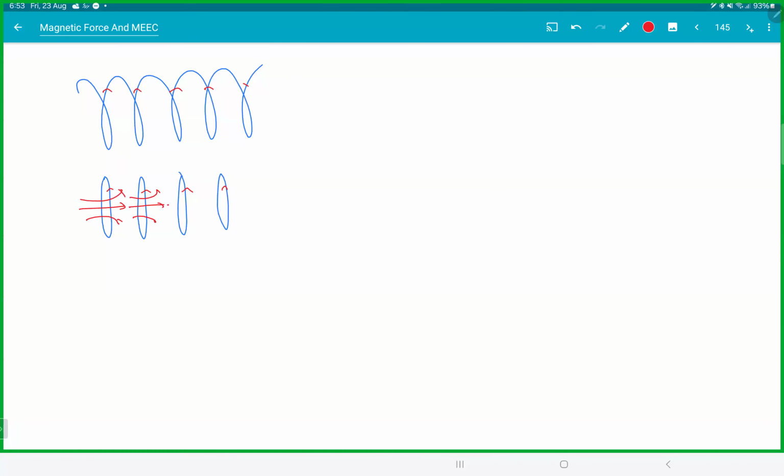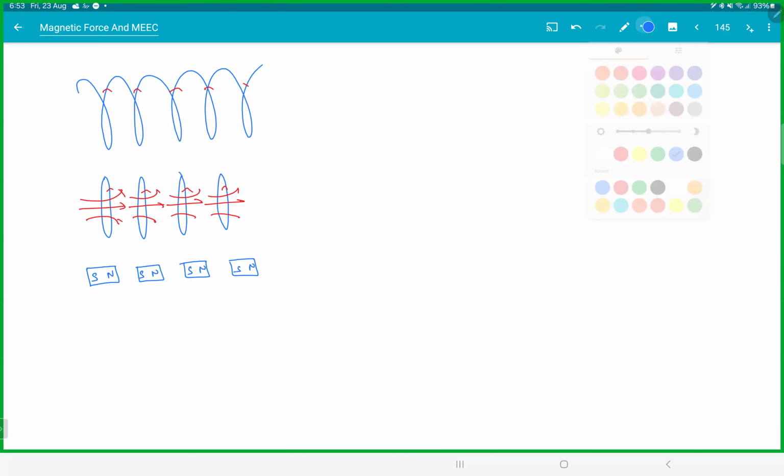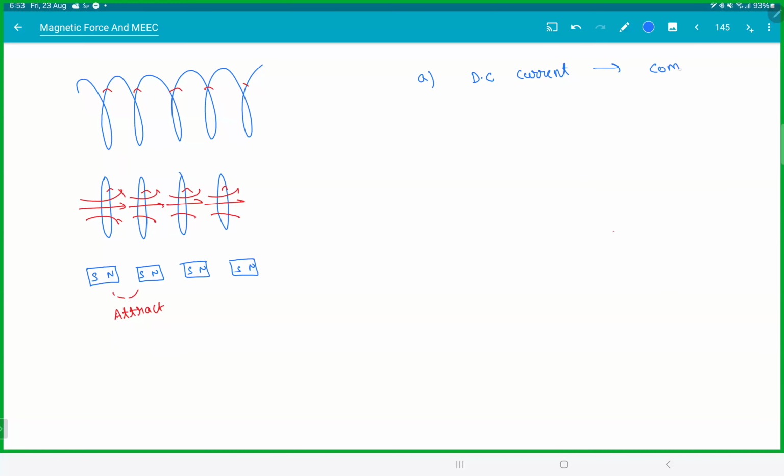Each one will act like a magnet, north, south, north, south, and the opposite poles attract. So the whole coil will compress. If you're sending DC current, the answer would be the spring will compress. It doesn't matter which way you send the current. If you send it in the opposite direction, the poles are reversed, but it will still attract.